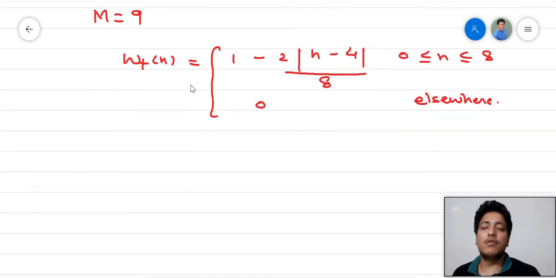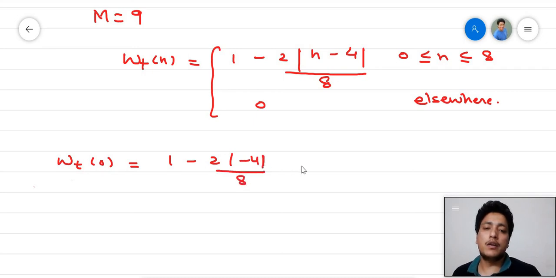So we can find out all the values of w_t(n). First, w_t(0) will be equal to 1 minus 2 times 4 by 8, equals 1 minus 8 by 8 equals 0.